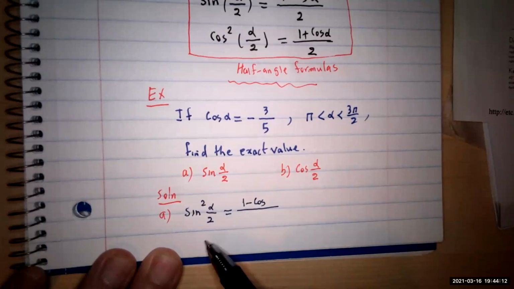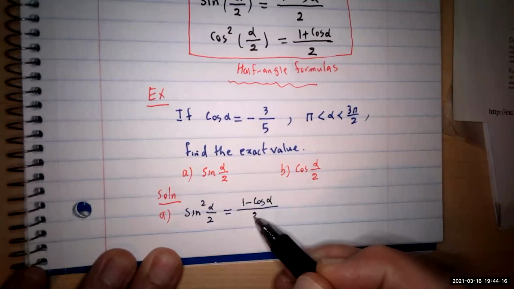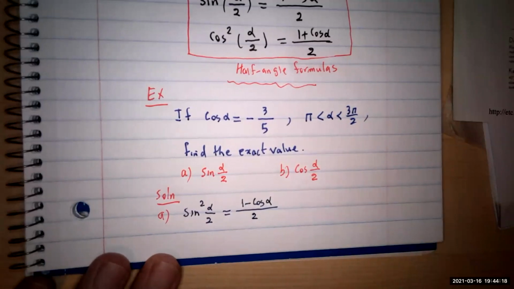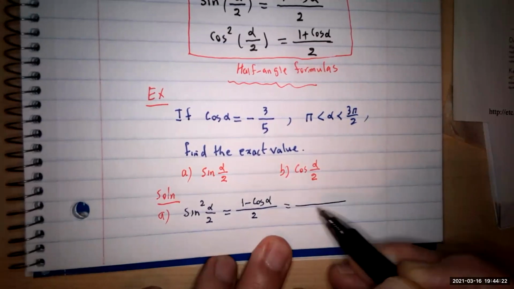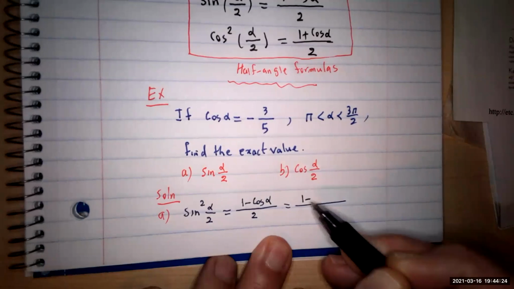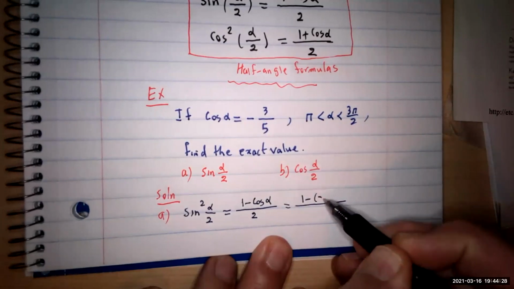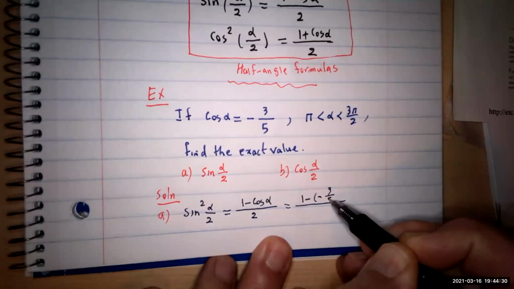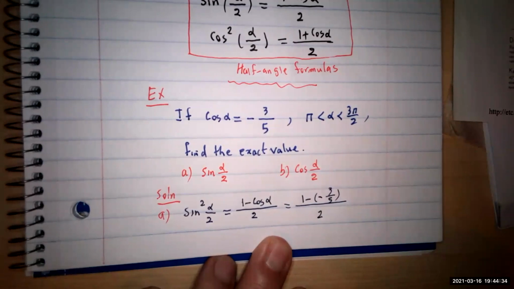This is alpha half. You double it, you get alpha. Substitute: 1 minus cosine of alpha. What's cosine of alpha? Negative 3/5. So it's negative 3/5, divided by 2.